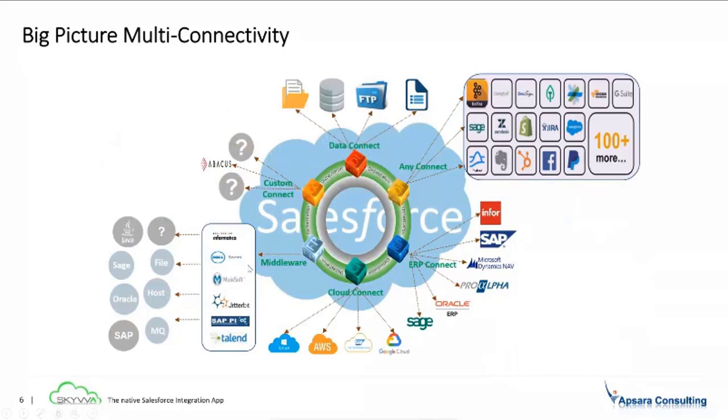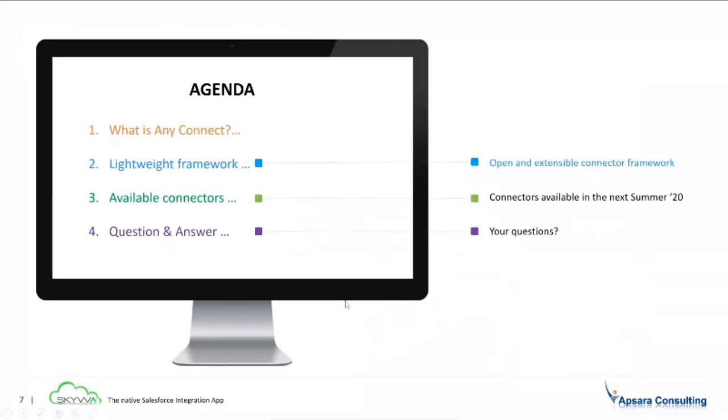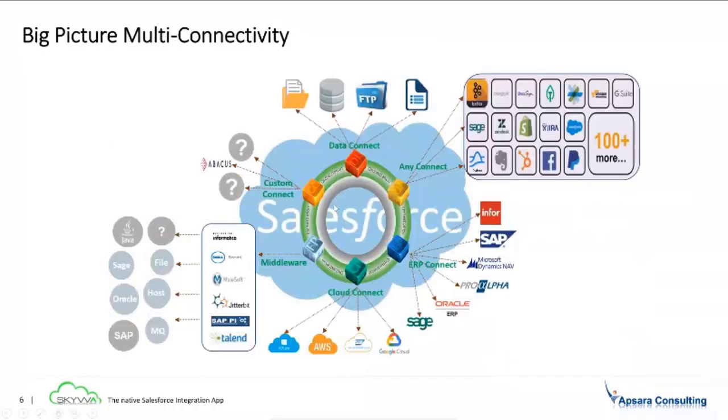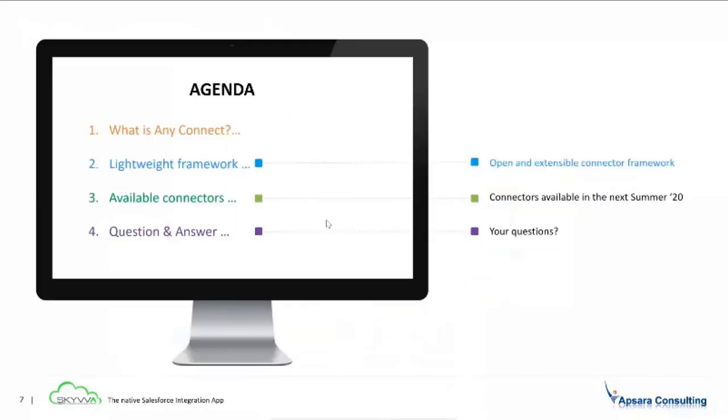You can also connect to any middleware, or if none of the standard connectors works, we can build a custom connector based on the connector framework, and then we can connect to any application system. But this needs customizing and developing the connector. So that is what the ANY Connect will be.